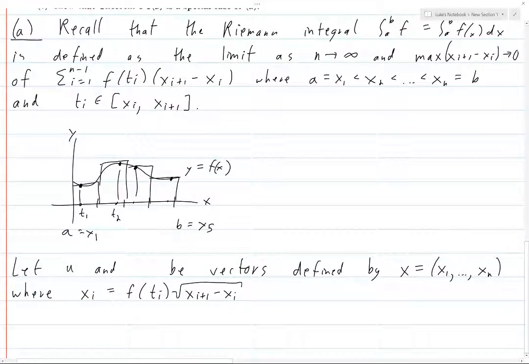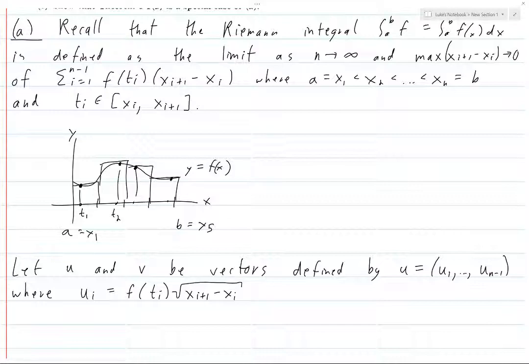So u and v are going to be vectors, and u is going to be u_1 through u_{n-1}, and u_i is going to be f of t_i times the square root of x_{i+1} minus x_i. Right, so we need to go up to u_{n-1} because then we'll get up to x_n. Because we have n minus 1 intervals in this partition.